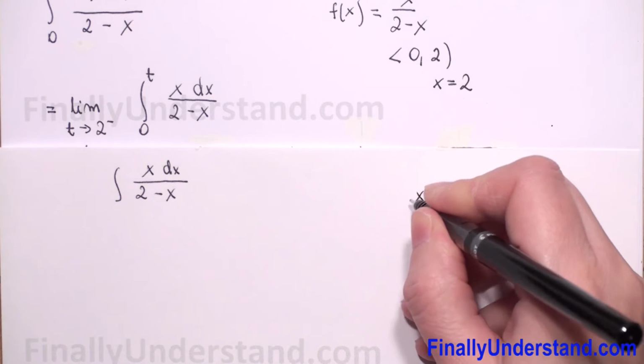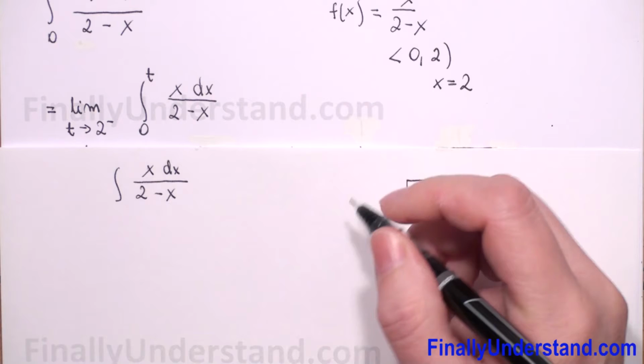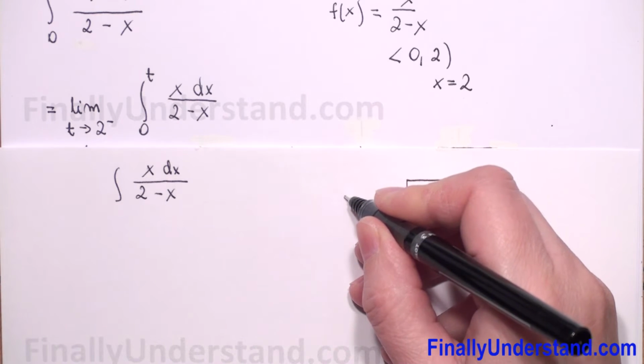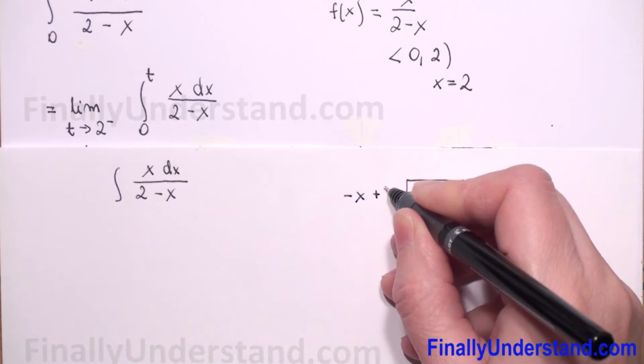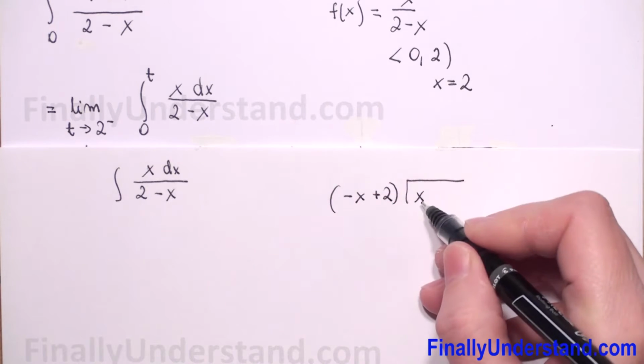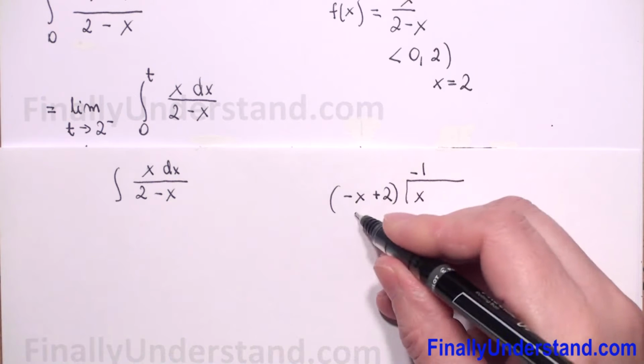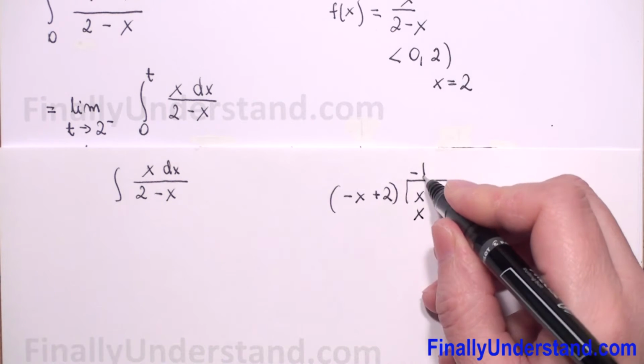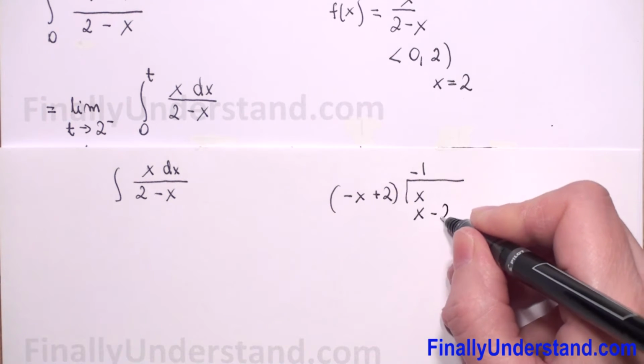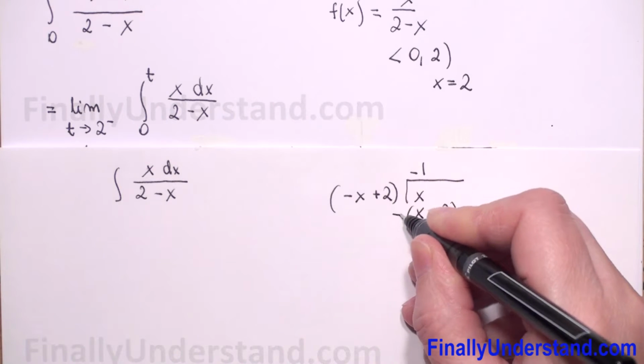So we have to divide x by 2 minus x, so I can rewrite this as negative x plus 2. So x divided by negative x is negative 1. Negative 1 times negative x is x. Negative 1 times 2 is negative 2. Now we have to do subtraction.